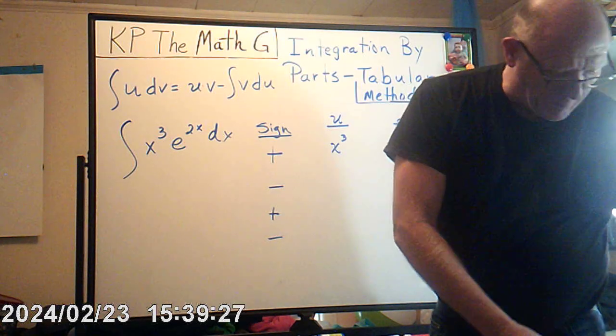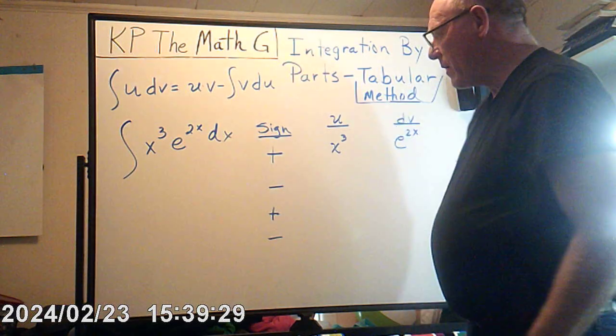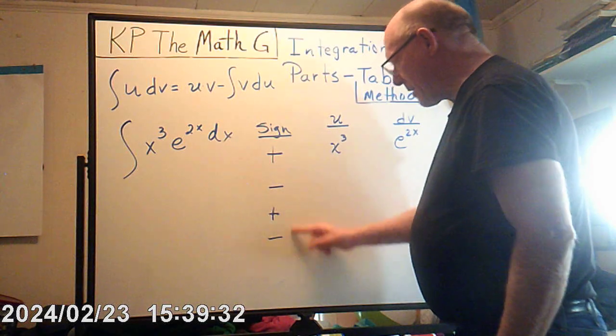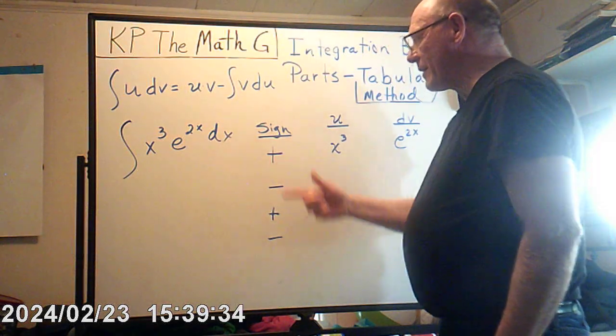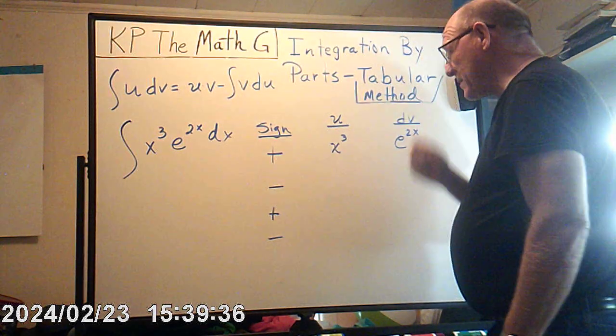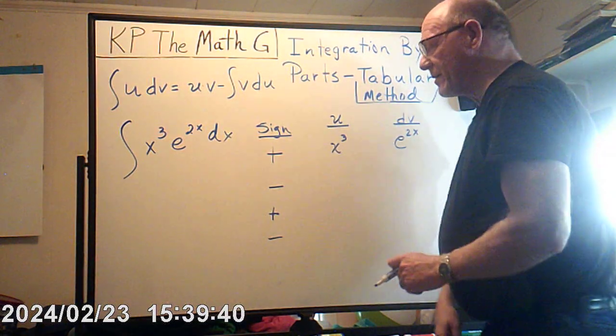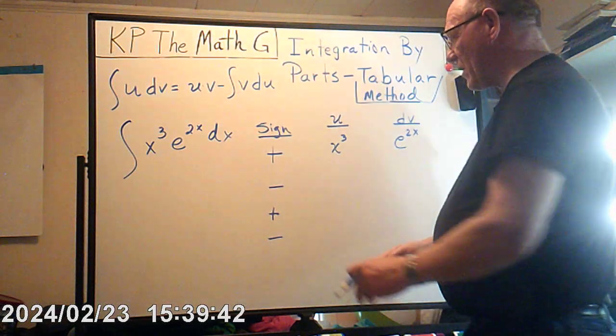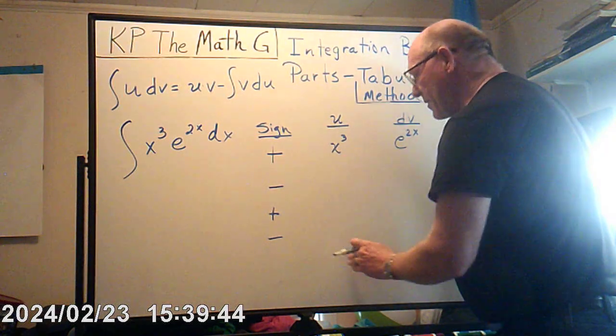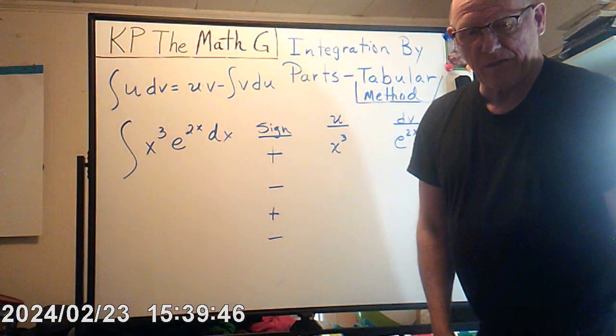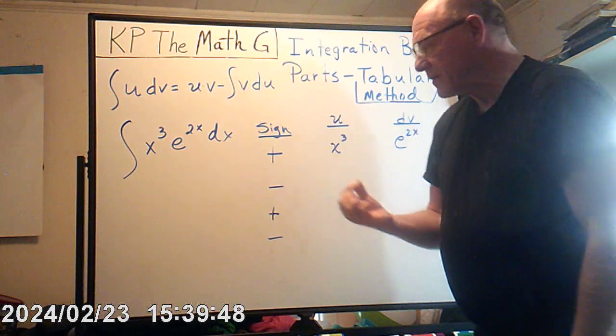Every sign alternates. That's the way it works here. The idea is to take the derivative of u until you get to a derivative that's equal to 0.